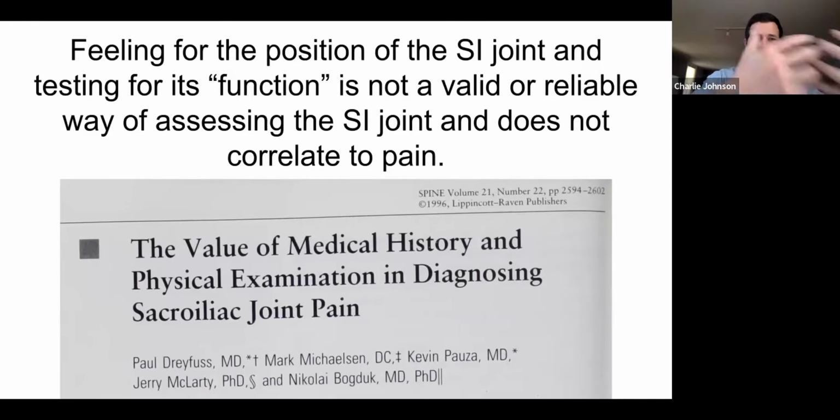So if I assess what's going on with the SI joint based off of what I'm feeling, and then 100 other experts do the same, we're just not going to agree. And so it's not a valid or reliable way of assessing the SI joint, and it does not even correlate to pain. So just because somebody has some asymmetry in the pelvis doesn't mean that's why they hurt or that they're going to hurt at all. All right.